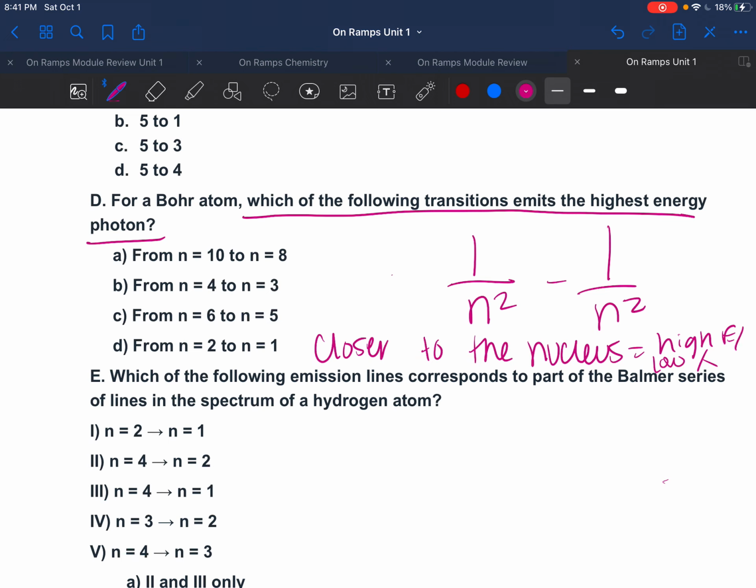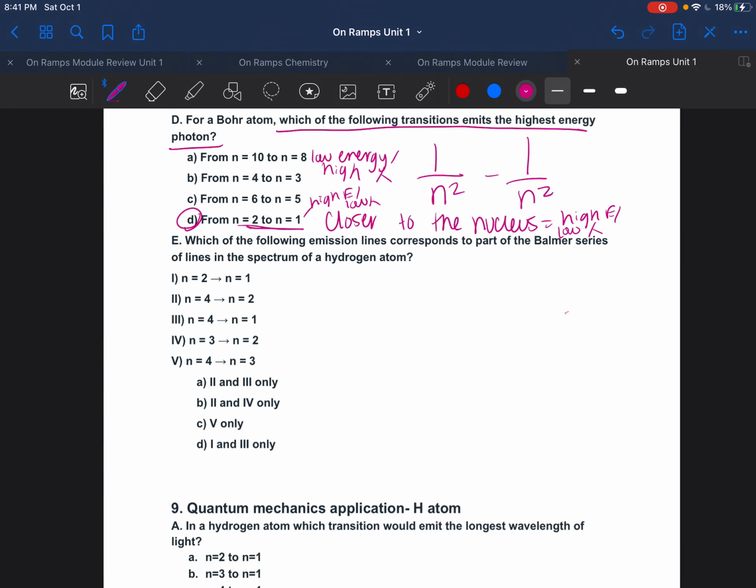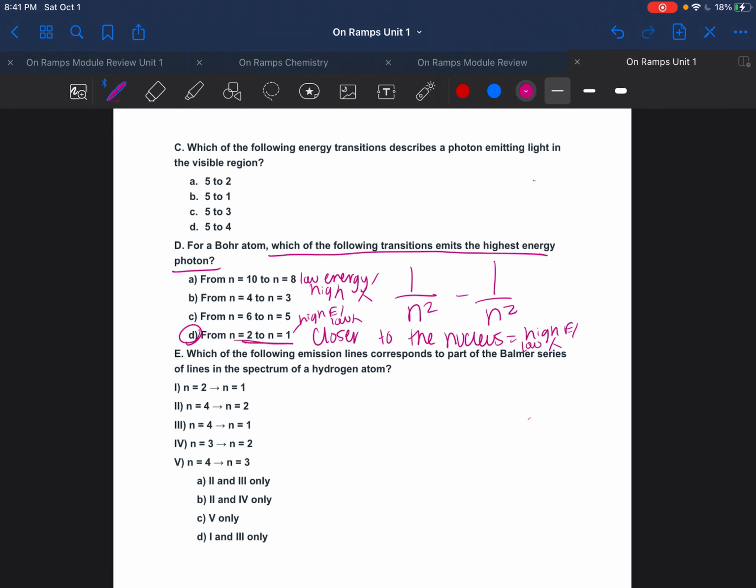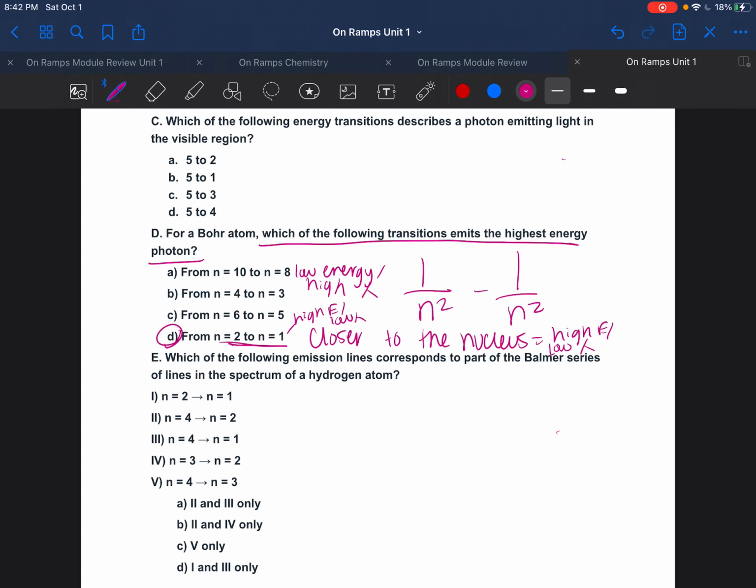So you would pick D because 2 and 1 are going to be the closest. 8 and 10 are very far away and they have low energy, but they do have a high wavelength. 2 to 1 is going to be a very high energy and low wavelength. Okay. E can be answered using the falls to n equals 1, n equals 2, n equals 3.